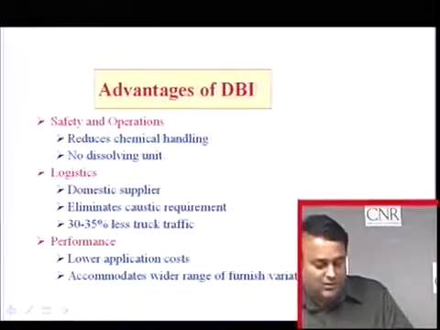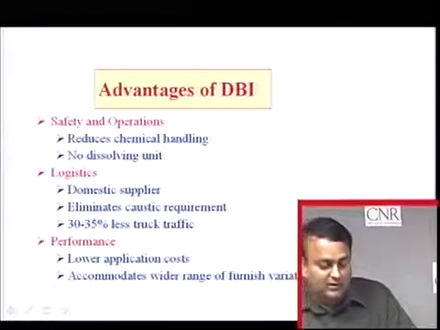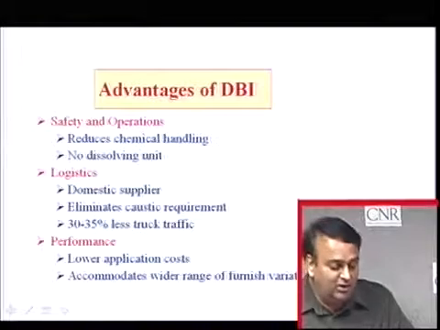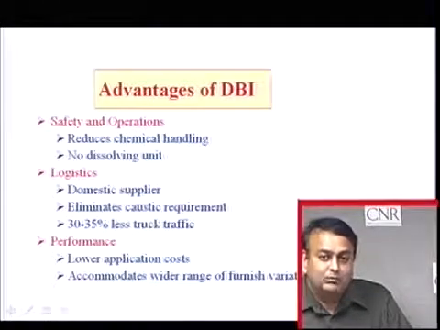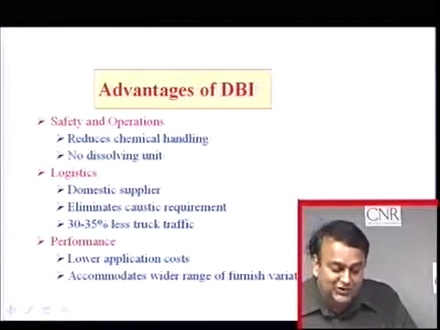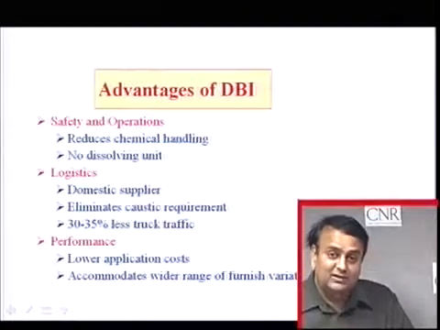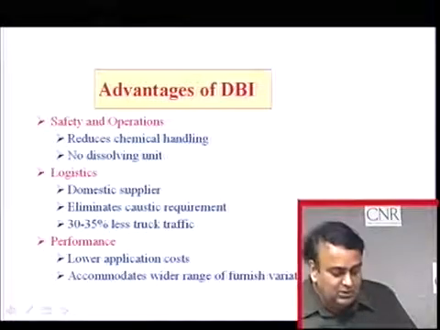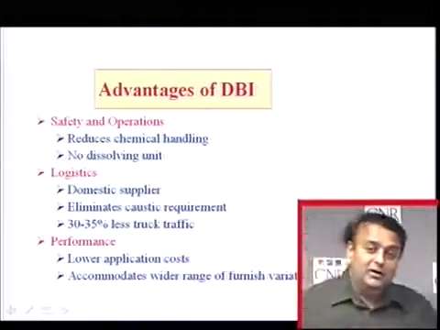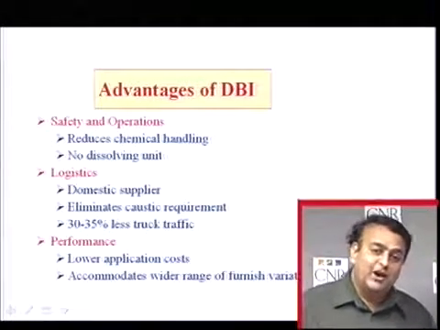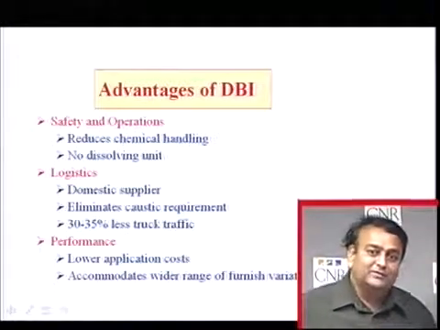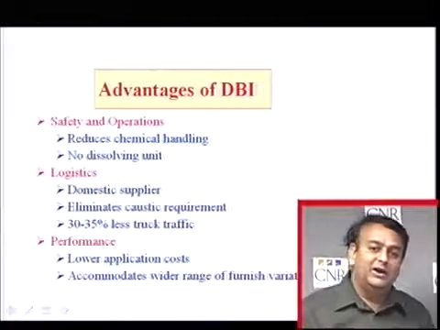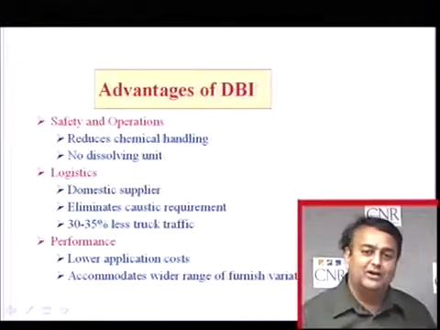And domestic suppliers have borohydride solutions and bisulfite solutions available here. It eliminates caustic, you don't need caustic. Borohydride comes with caustic, so you don't need to add it here, unlike FAS chemicals, which need some caustic. And because these chemicals, both bisulfite and borohydride, are available at higher concentrations, the number of trucks coming into your mill is significantly reduced: 30 to 35% reduction in truck traffic.